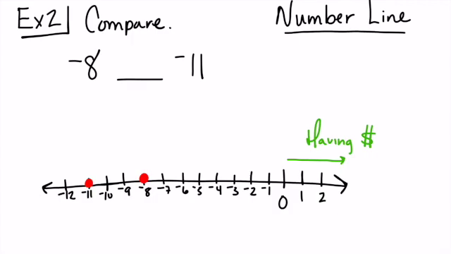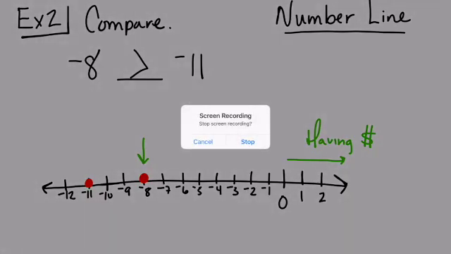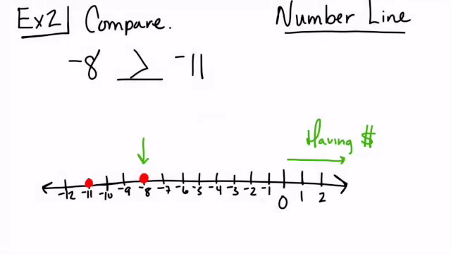The dot that's closer to 0 is going to be the greater amount. So in this case, negative 8 would be bigger. We say negative 8 is more than negative 11.